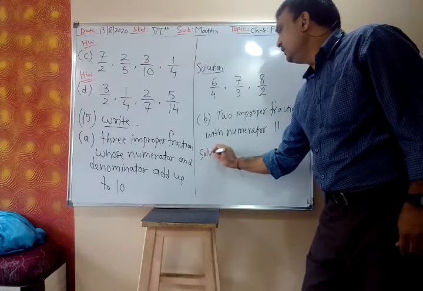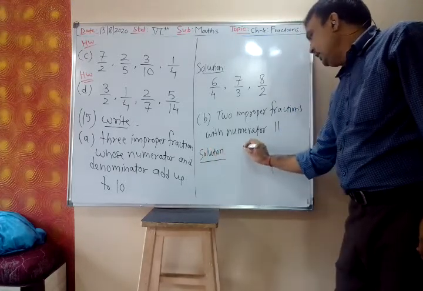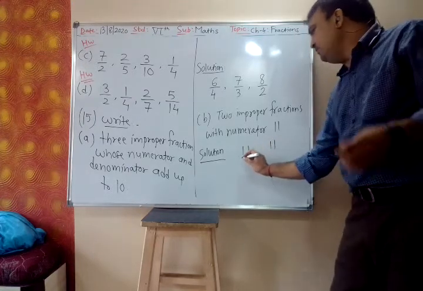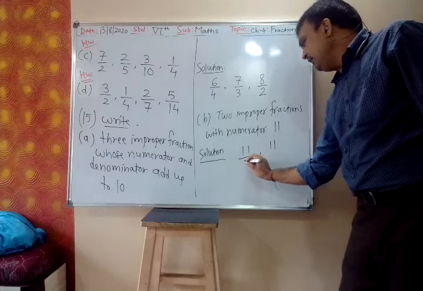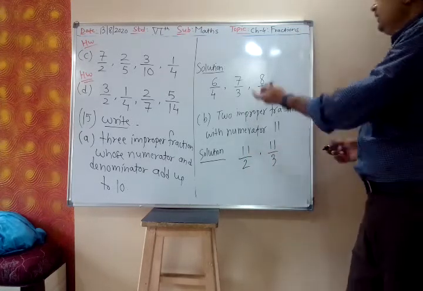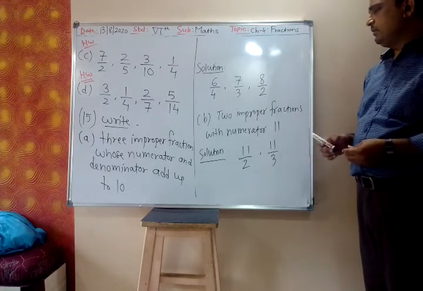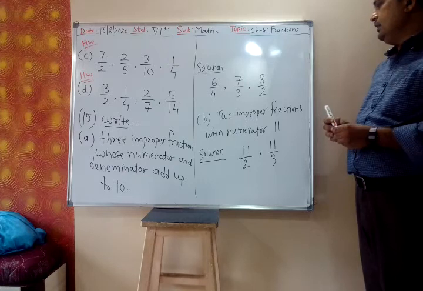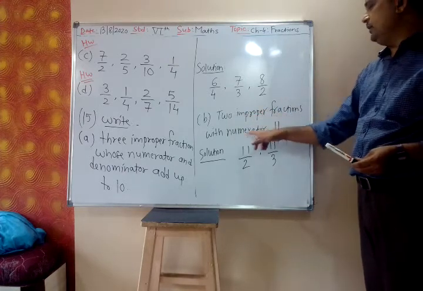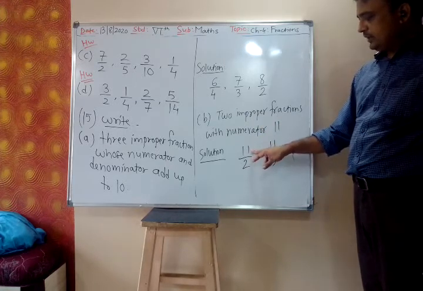You want numerator as 11, so I will take 11 upon 2, 11 upon 3. They are improper fractions because numerator is bigger than denominator. Both conditions must be satisfied: it must be an improper fraction and numerator must be 11.